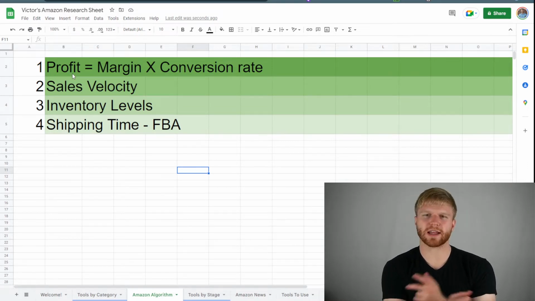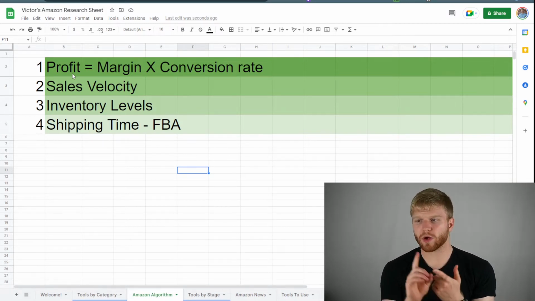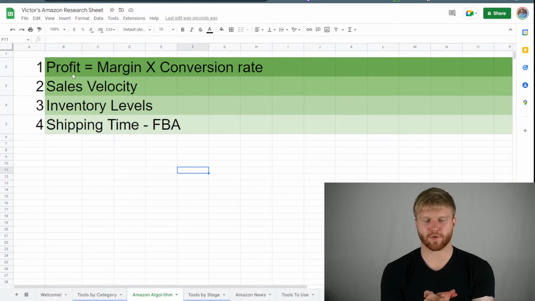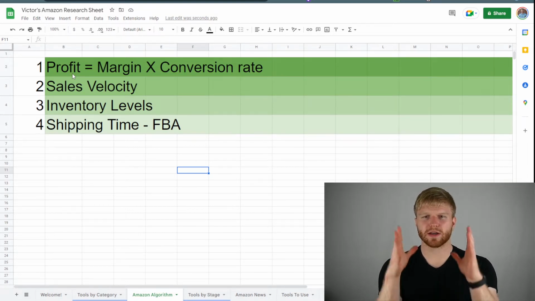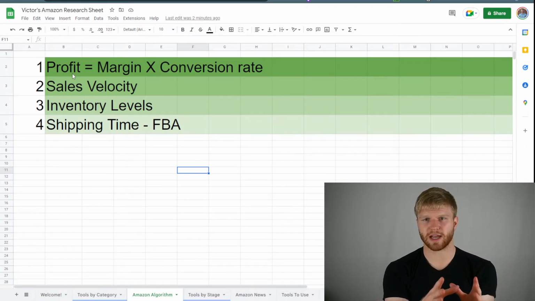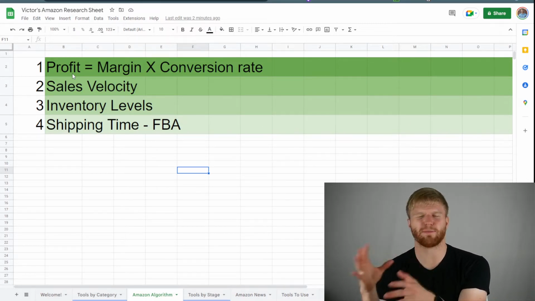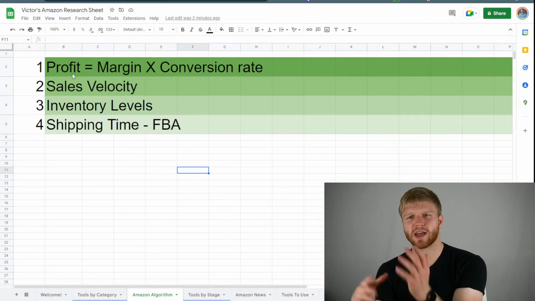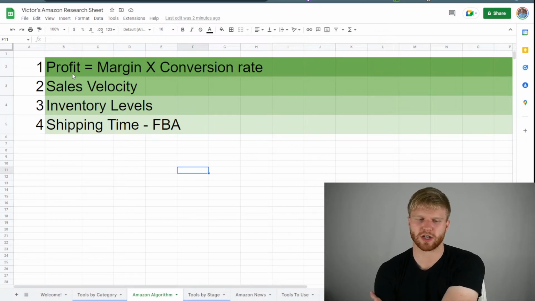So the first thing that Amazon really cares about is profit. How can you get the most profit the fastest for them? Meaning that, as you probably know, Seller Central is where the seller takes 15% margin, where you give Amazon 15% margin. Vendor Central, depending on how you negotiate your contracts, is usually around 40% margin.